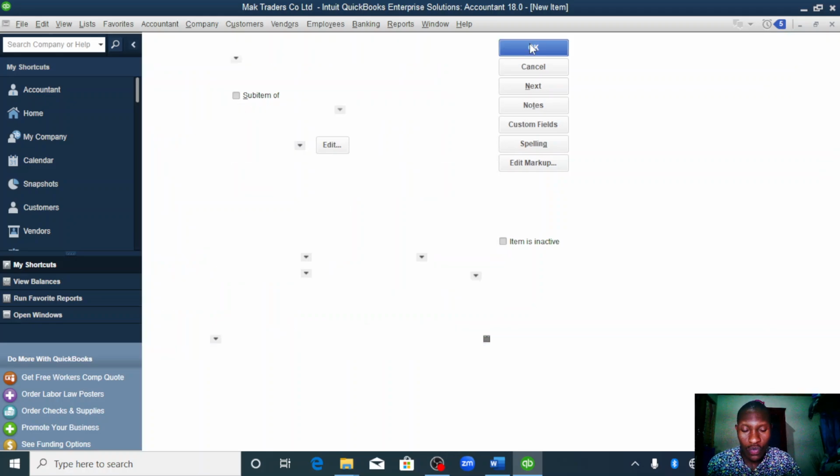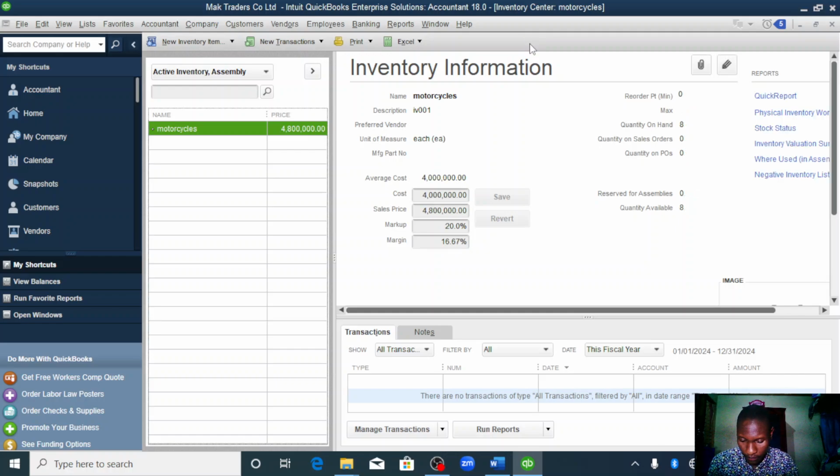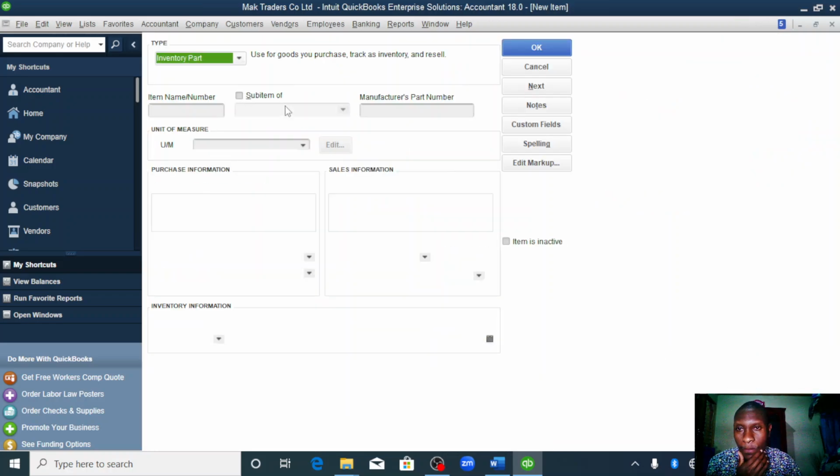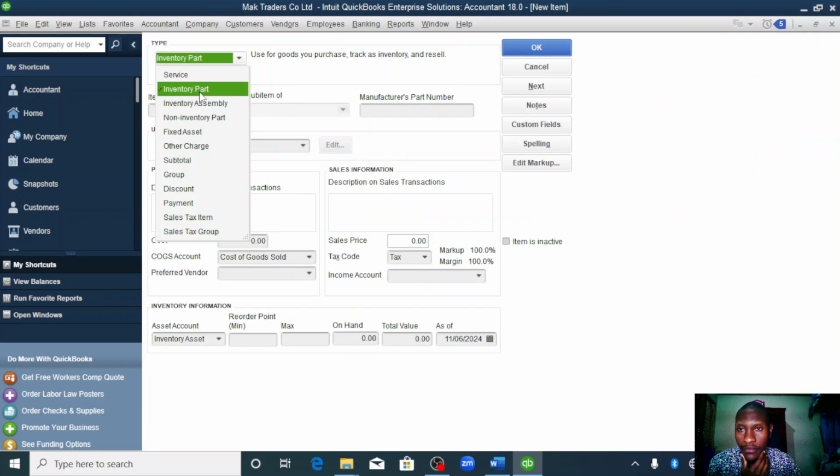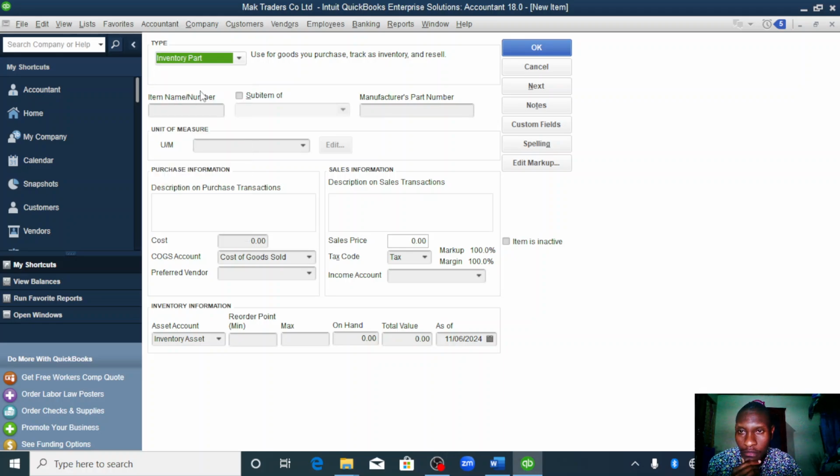We go to another item. We follow the same procedures. We are having generators. It follows the same as the motorcycles.